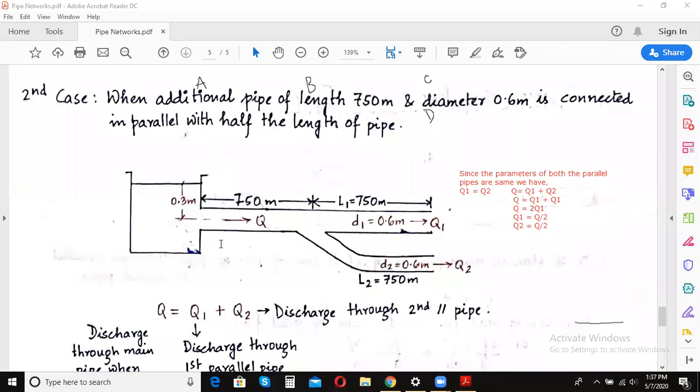Velocity, capital V, is equal to capital Q, the discharge through this pipe, divided by area. How much is the area? Pi by 4 into 0.6 squared.